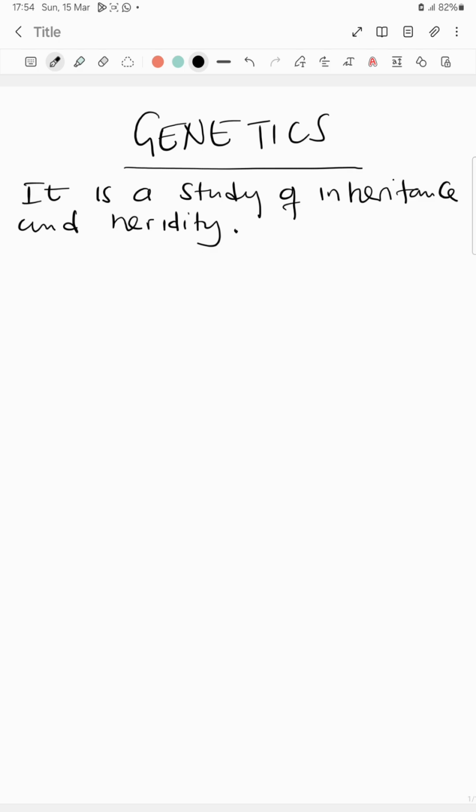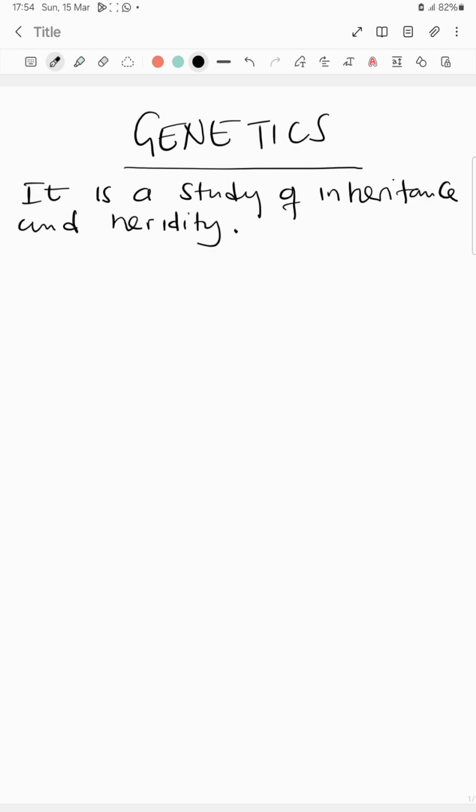So usually people think that when we talk about inheritance, we talk about what your parents have left for you when they've died. But when you talk about inheritance in terms of genetics, it's much more important than just the cars and the houses that you're going to inherit.